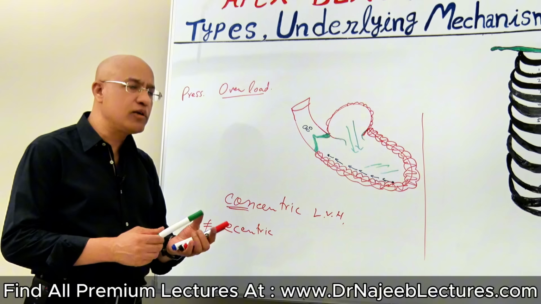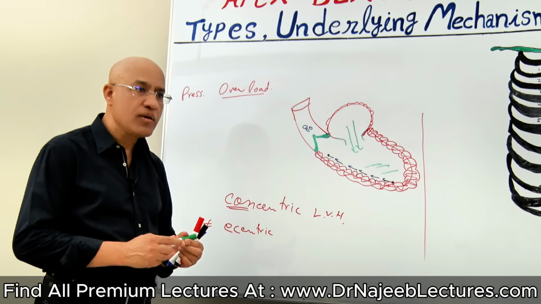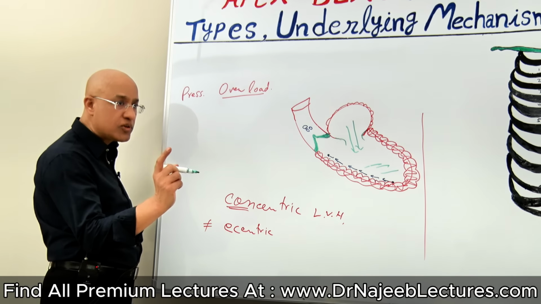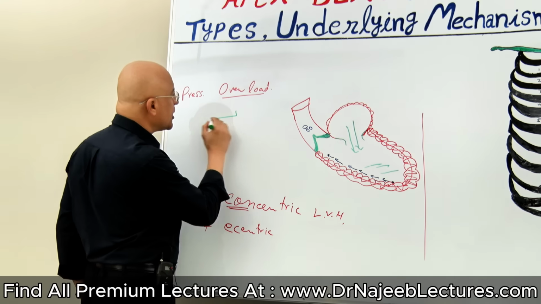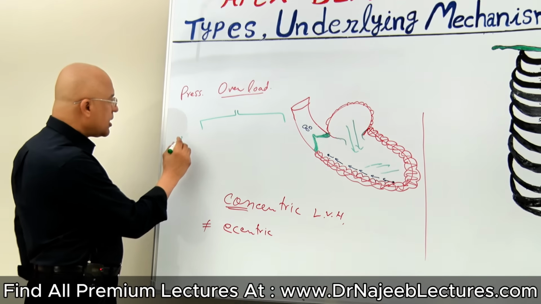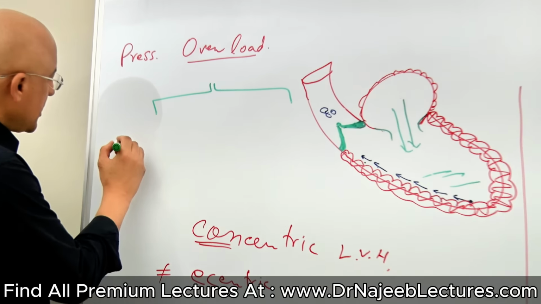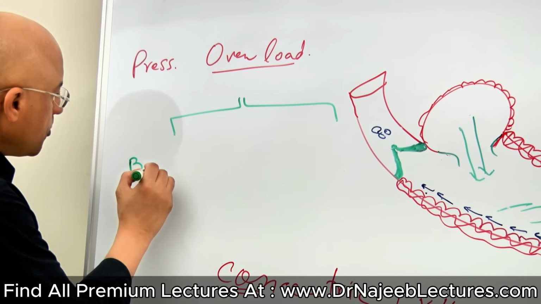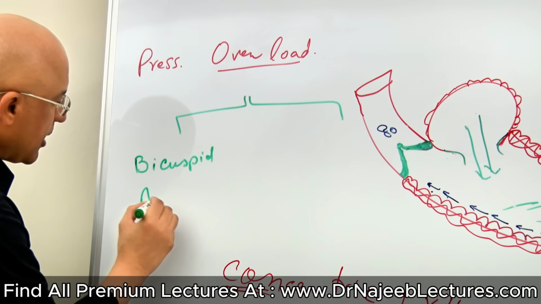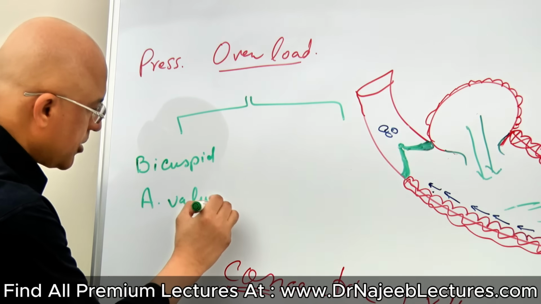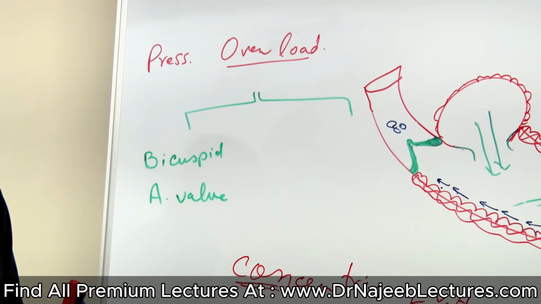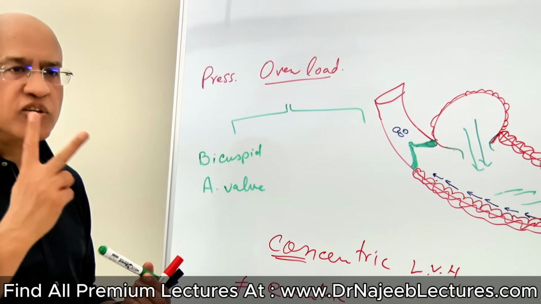Are there some types? Yes, there are many types of aortic stenosis, but in our discussion right now we should talk about two types. One is due to a bicuspid aortic valve. Remember, normally the aortic valve is tricuspid, but some people are born with a bicuspid aortic valve.